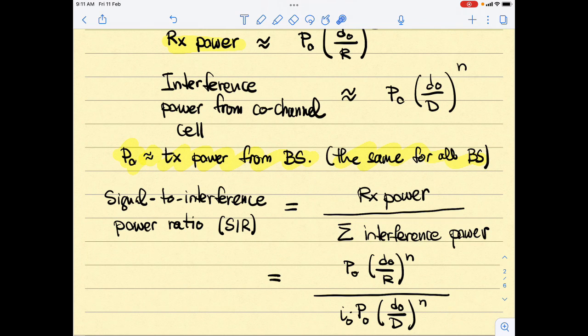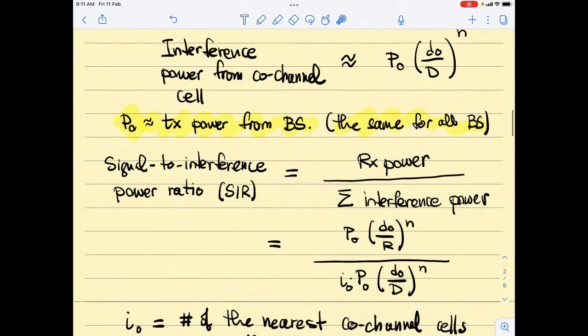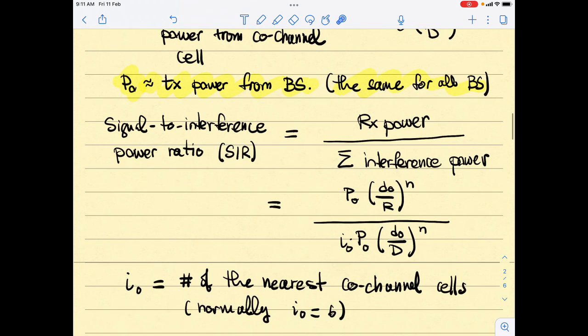That's where the name comes from, signal to interference power ratio, or SIR. So the received power for the intended signal is this, which we determined earlier, and the interference from the base station is this.